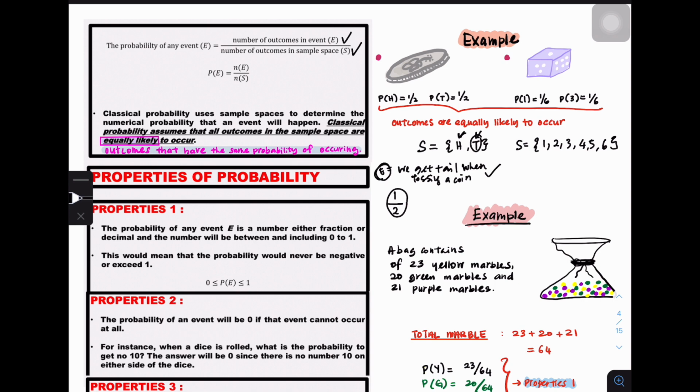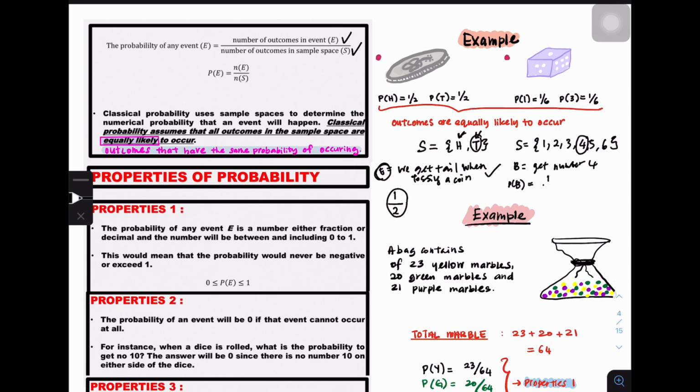Okay, kalau kita rolling a dice, kita campak dadu, katakanlah event B. Event B adalah we get number 4. So, what is the probability of event B? Maksudnya, berapa probability kita dapat number 4 when we roll a die? Okay, so kalau awak tengok, when we roll a die, kita hanya boleh dapat sekali sahaja nombor 4.